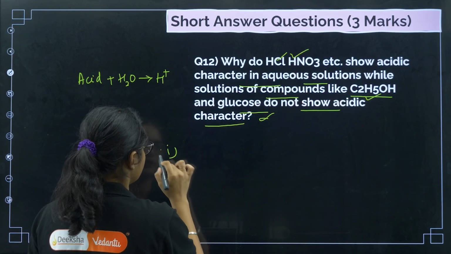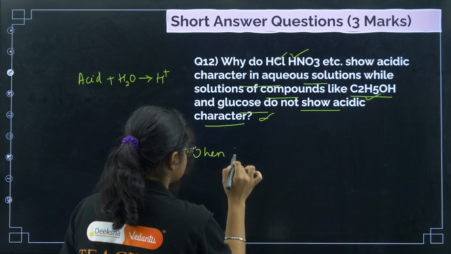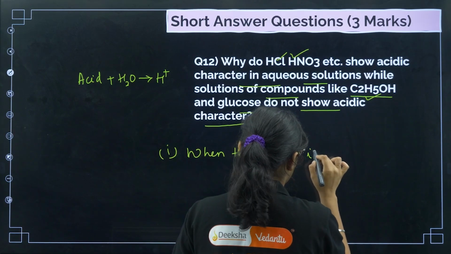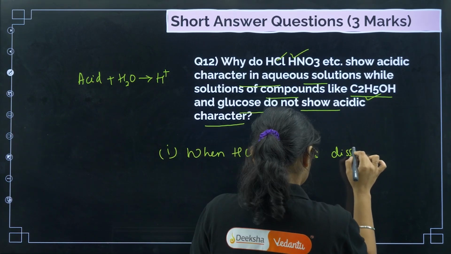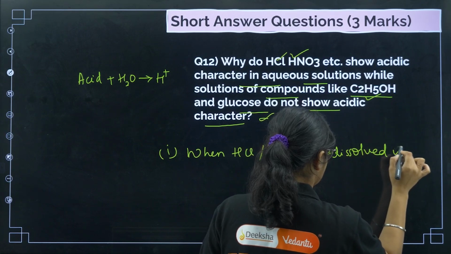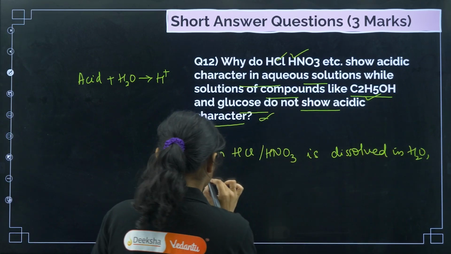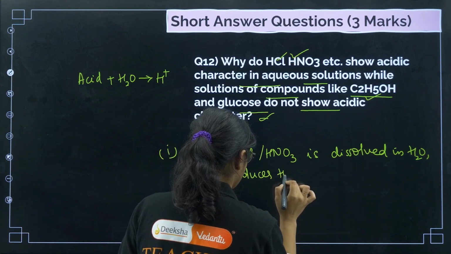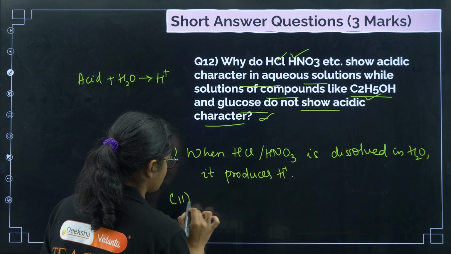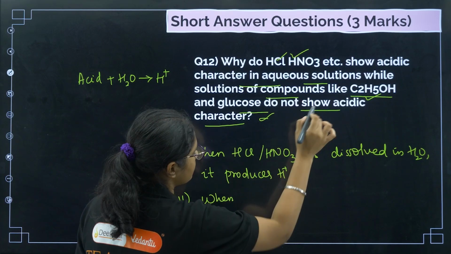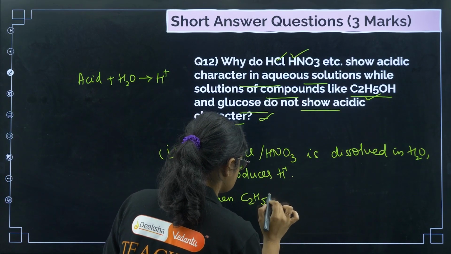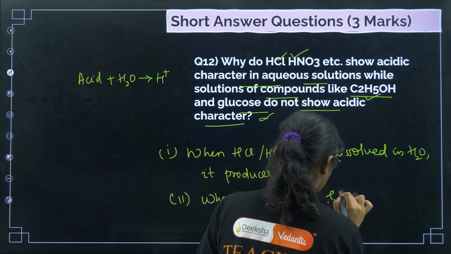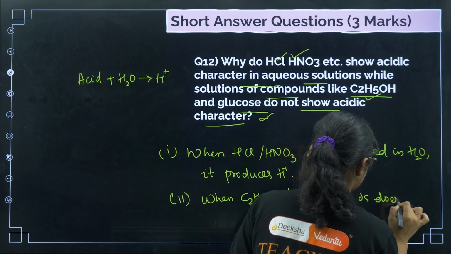So you can write down first point, when HCl or HNO3 is dissolved in water, it produces H plus. Second thing here you write, when C2H5OH or glucose is dissolved in water, it does not produce H plus.